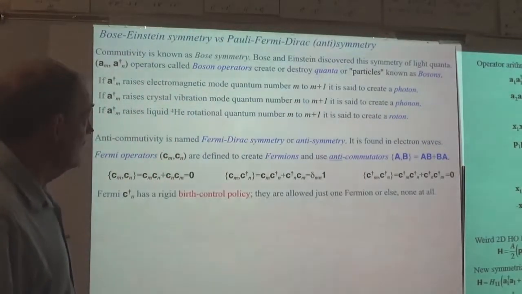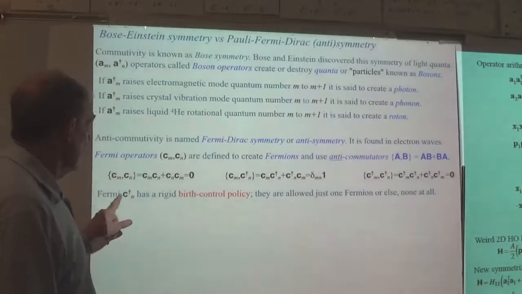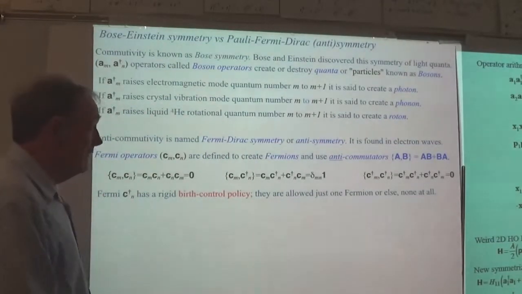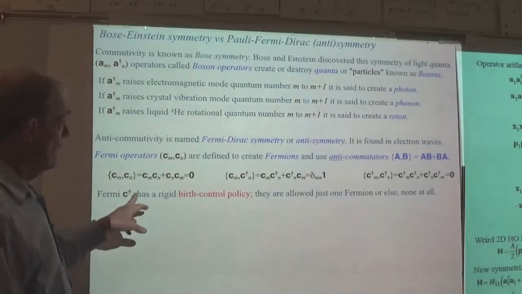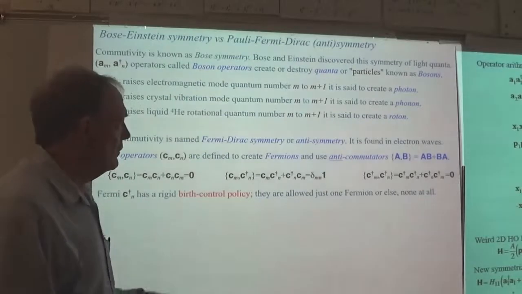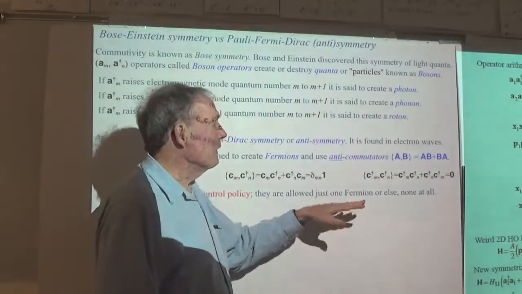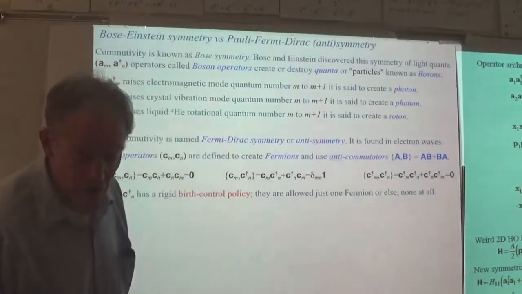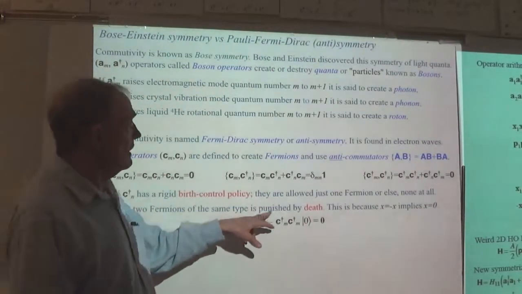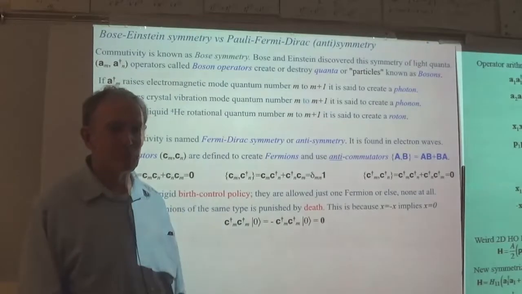There's not much they can do. As I say, the Fermi creation operator, and Fermi was the first really to get the algebra going on this, has a very rigid birth control policy. They're just allowed one fermion or else none at all, to state it more clearly. Creating two fermions of the same type is punished by death.